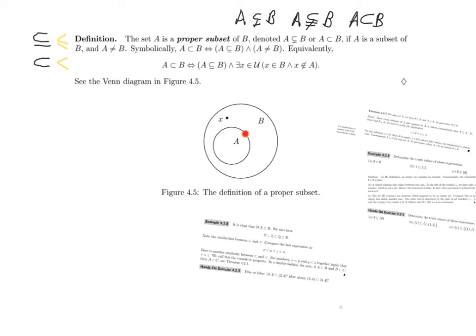We have the set A, which is a subset of B, in this case not equal to B, because the two circles would otherwise overlap completely. And the way we can tell, in terms of a proof, is finding an element that's in B but not in A.